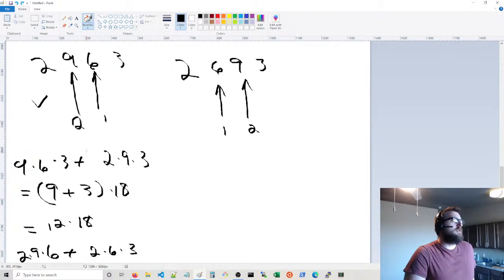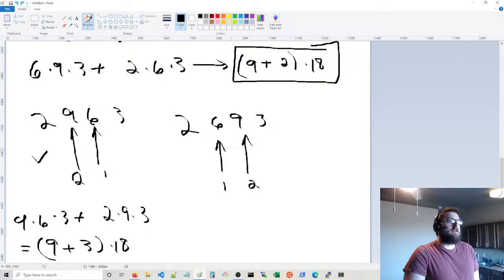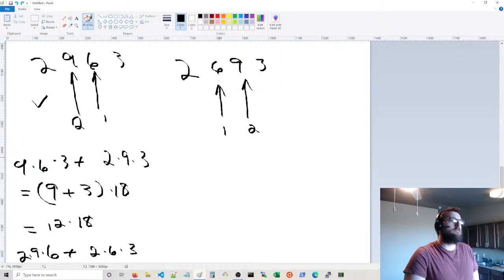Yeah. But if you do that on this side, if you go 269 plus 693, that gives you 6 times 18 plus 9 times 18.